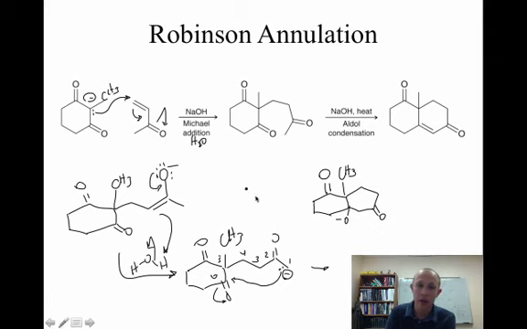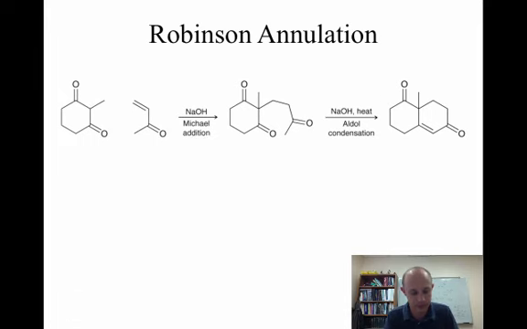Under the aqueous conditions, this can get protonated, and then this can undergo aldol condensation to give us the double bond between these two carbons. So the Robinson annulation is a combination of a Michael addition to generate this product, followed by aldol condensation. Notice that you can start with very simple starting materials and build up very complex ring systems that are common to steroids and other important molecules.